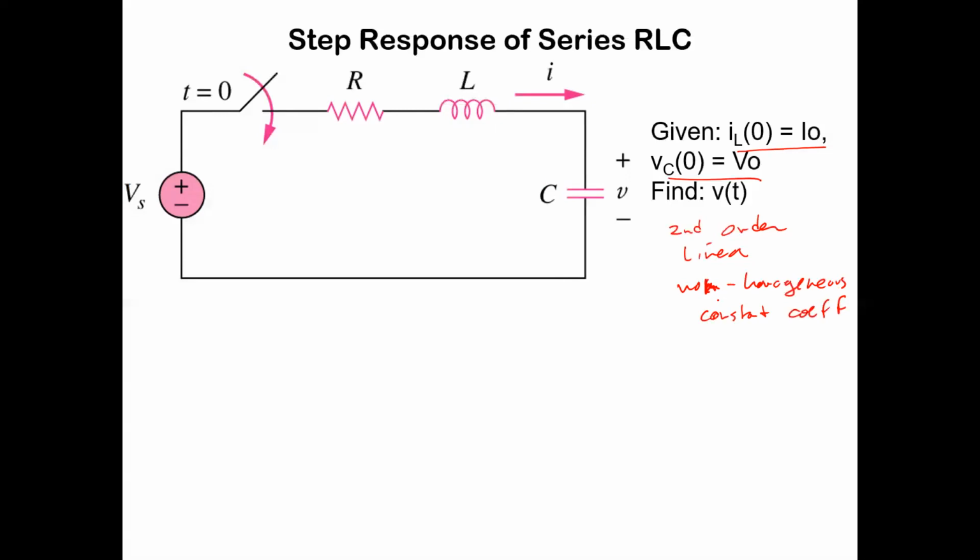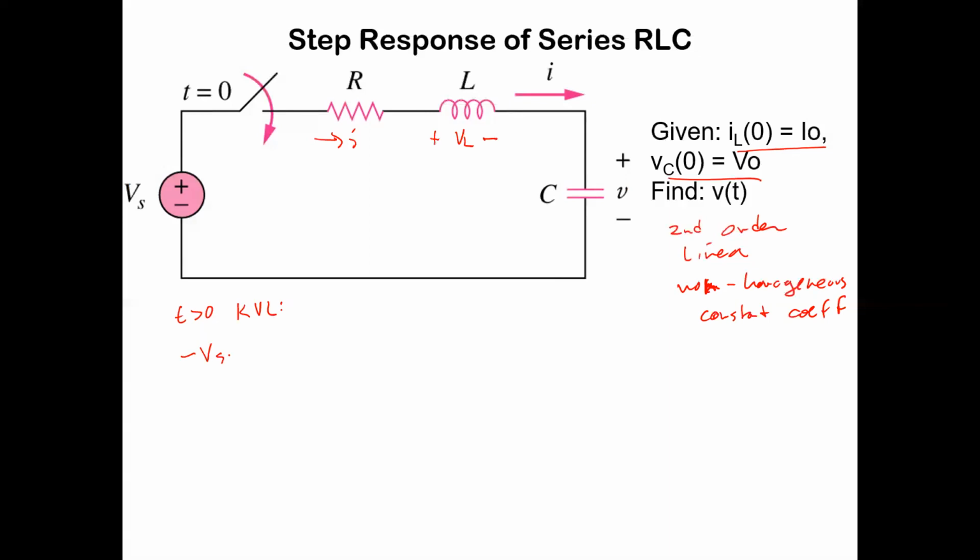So we analyze this using voltage, which is interesting. The equation works out easier to do the analysis in terms of voltage. If you have an i flowing through the circuit and you have a vL here and a v, when t is greater than 0, you can derive the governing equation using KVL.